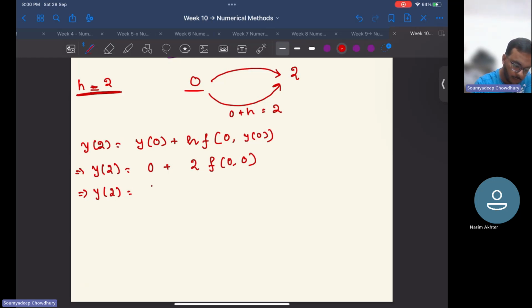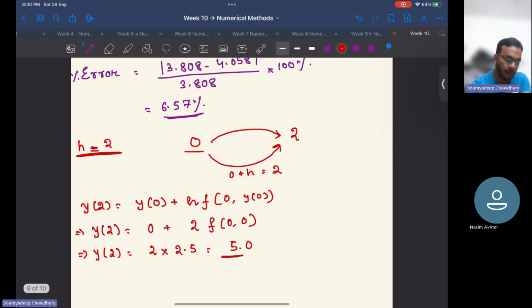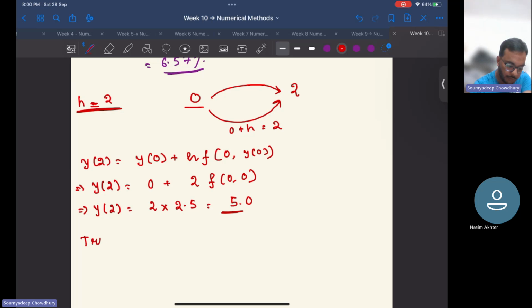So 2 into f of 0, which is 2.5. So y of 2 we are getting as 5.0, and your true value is 3.808. So you can see the error is more.